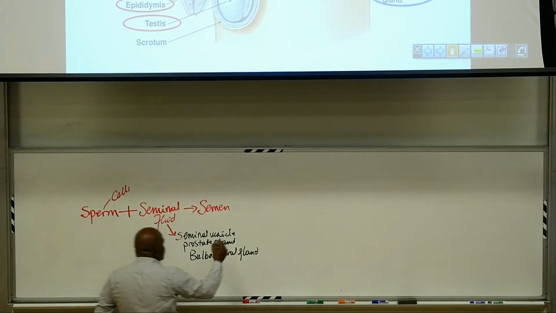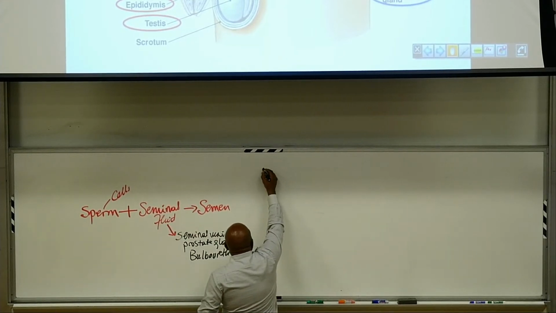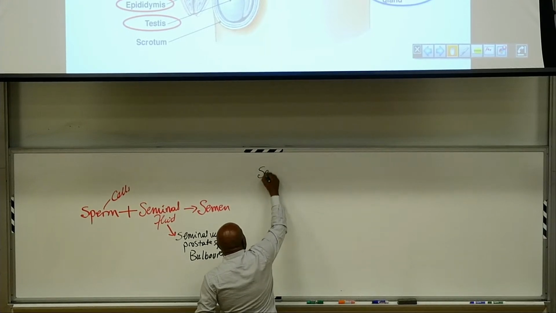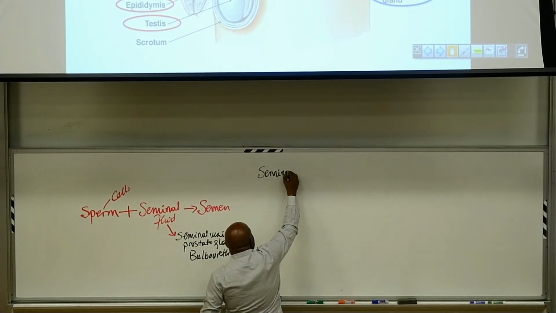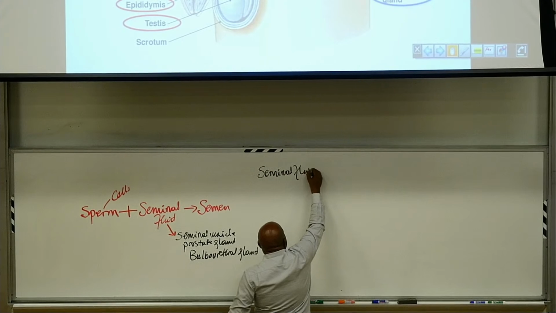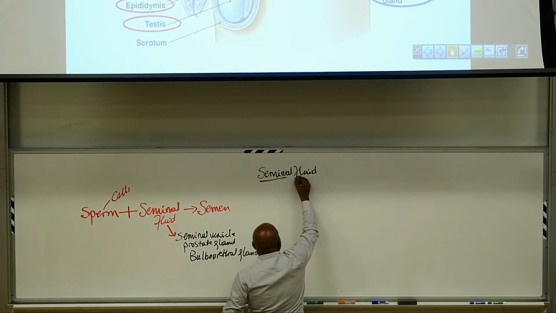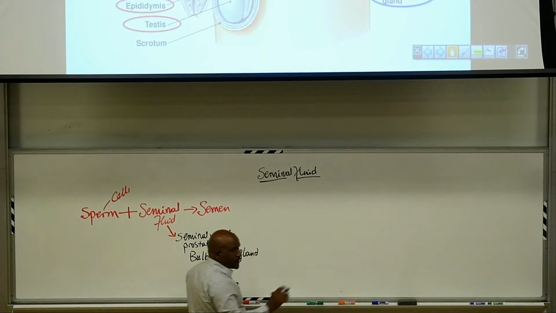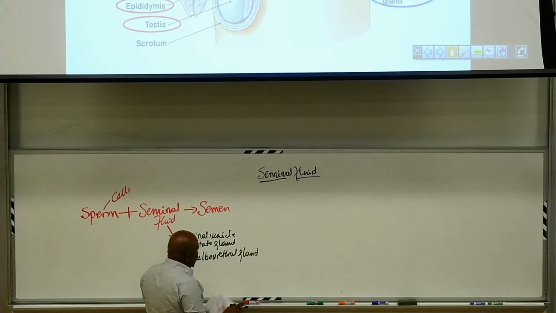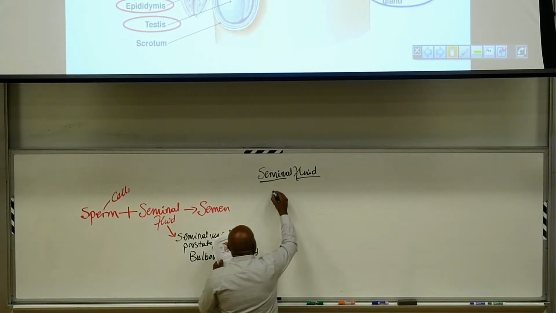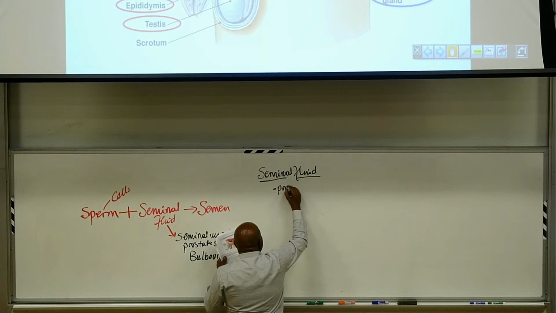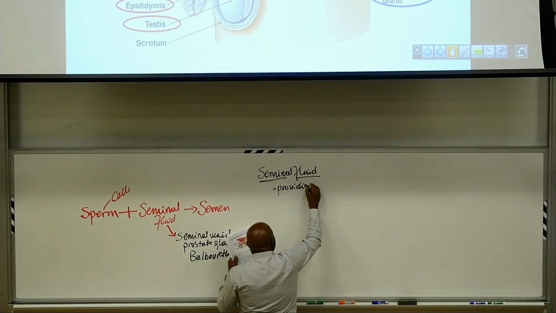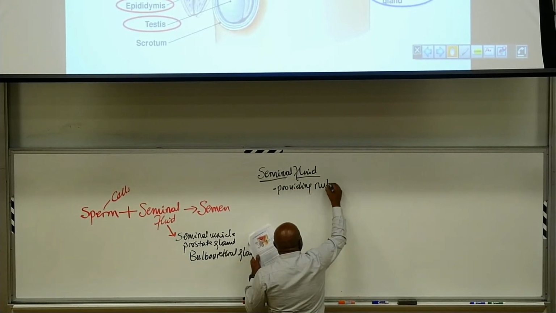So this seminal fluid has some advantages. Seminal fluid, which is making the semen, the sperm cells plus the seminal fluid, has advantage in providing nutrients to the sperm.